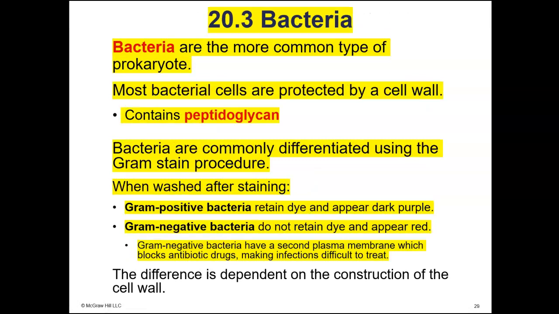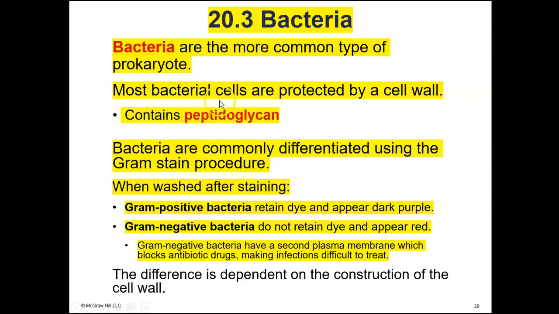Now we're going to move on and talk about bacteria in section 20.3. Bacteria are the more common type of prokaryote. The archaea are not as common. Bacterial cells are protected by a cell wall that contains the chemical peptidoglycan.